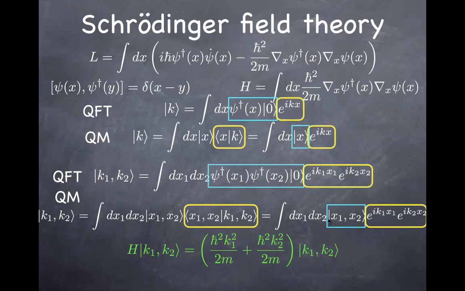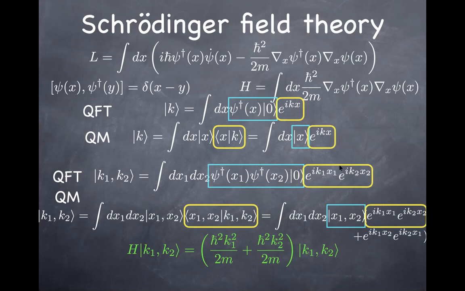If you have two position operators and their eigenvalues x1 and x2, it's not automatically symmetric under interchange. As a result, if you're talking about two identical bosons, you have to add the different ordering by hand and symmetrize it. So that's one additional step you have to take.